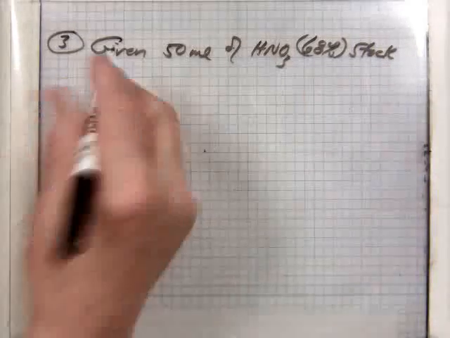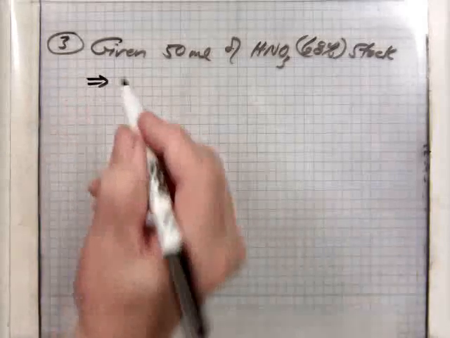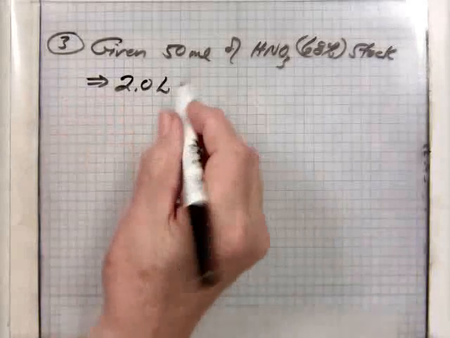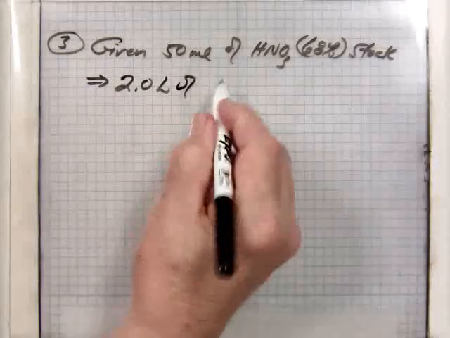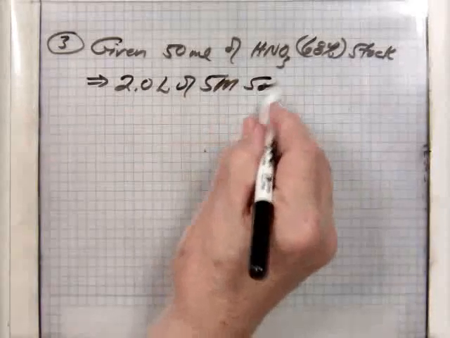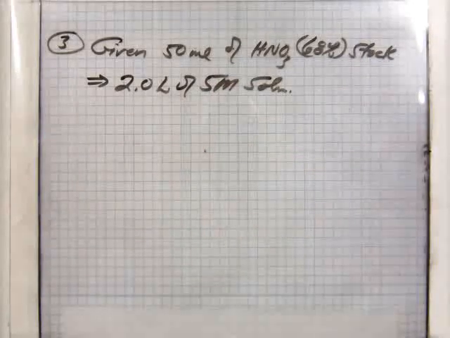This gives us 2.0 liters of 5 molar solution. What's the molarity of the manufactured stock from that?